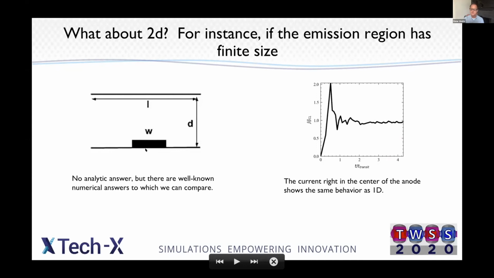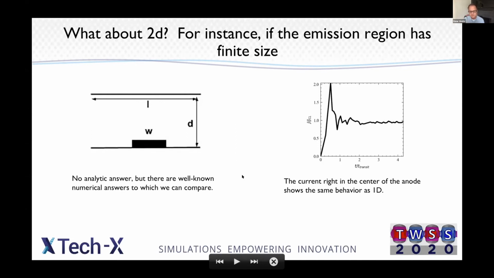So that was the first thing we checked, and that's over here on the right, and it's what we expected, right? So we ran this system. This is the current at the anode as a function of transit time. And again, after 1 or 2 transit times, it settles in nicely. It looked like the 1D Child-Langmuir value. We don't necessarily expect it's going to do that on the edges, but in the middle, it did. So that was a good check.